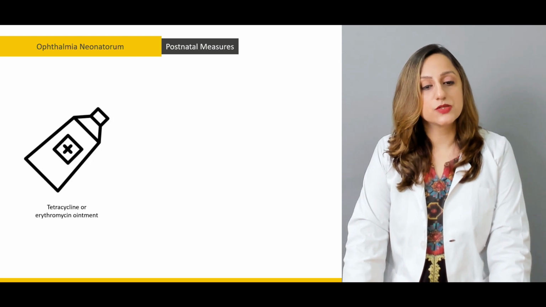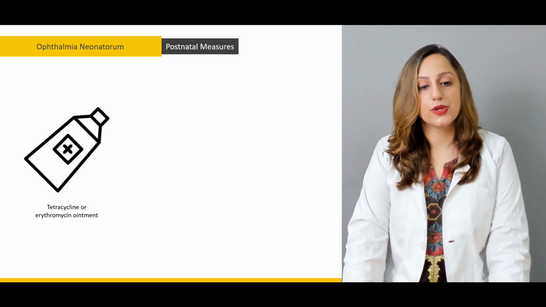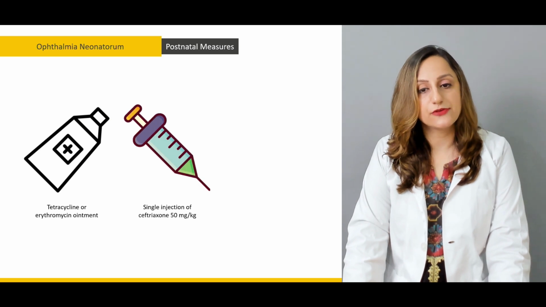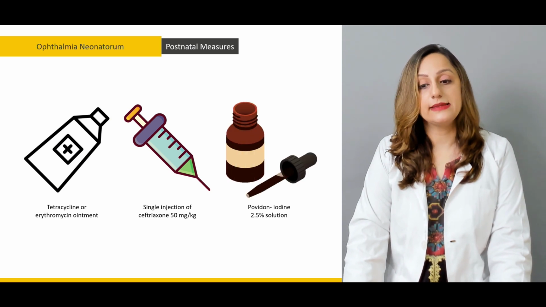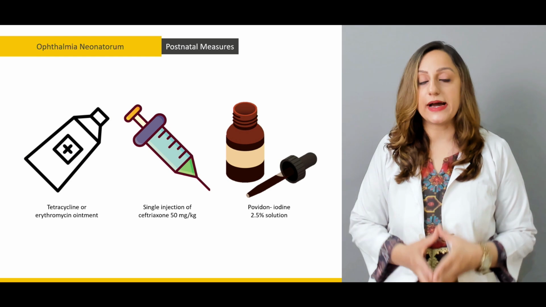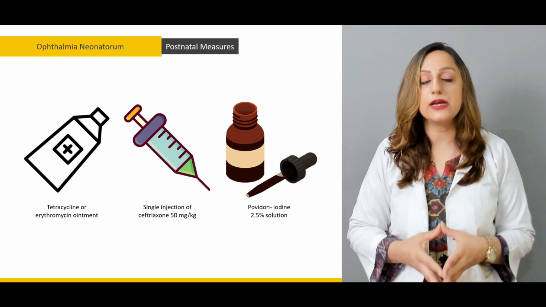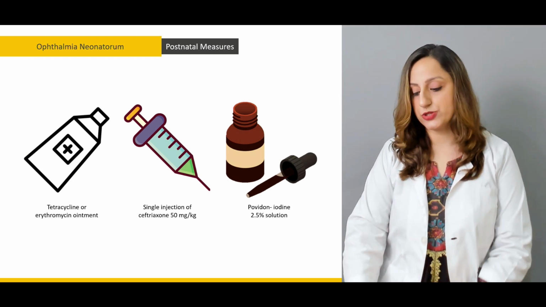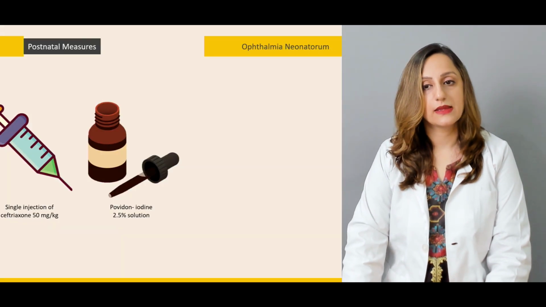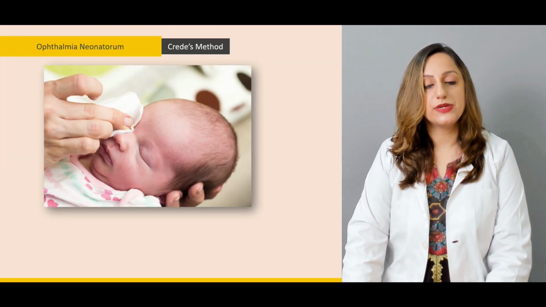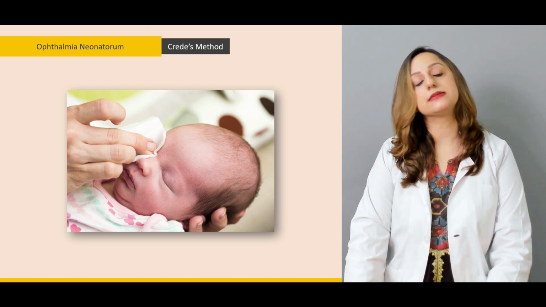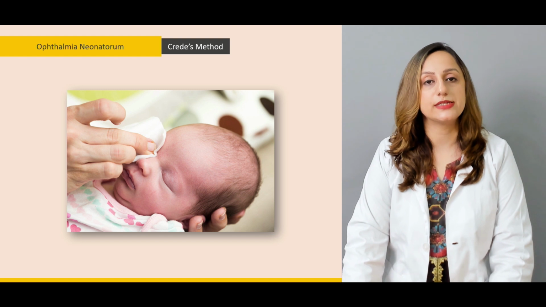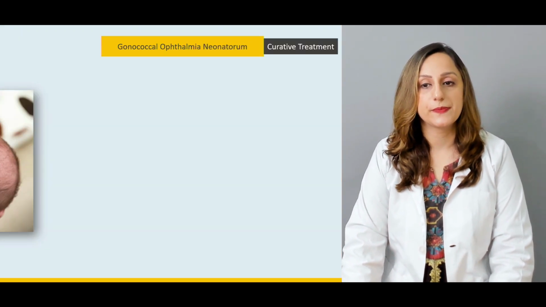The postnatal measures would also include tetracycline or erythromycin ointments, a single injection of ceftriaxone 50 milligrams per kilogram, and then povidone iodine 2.5% solution for cleaning of the eyes postnatally.